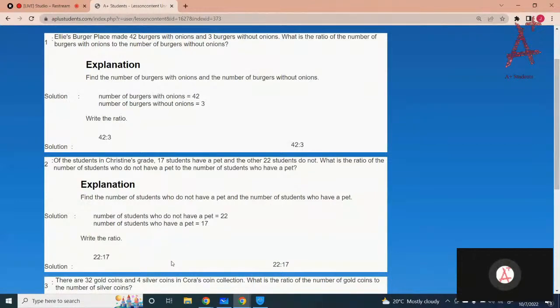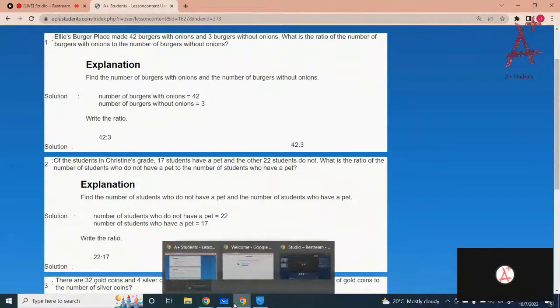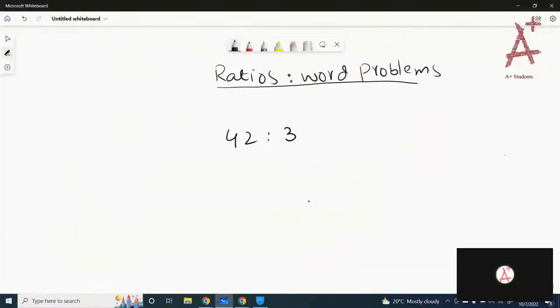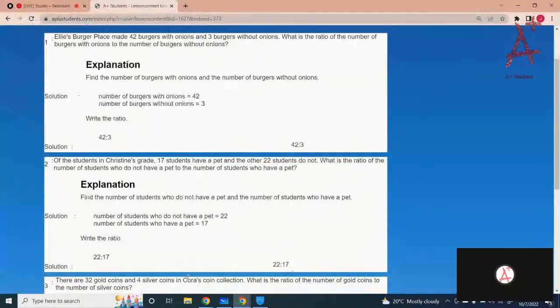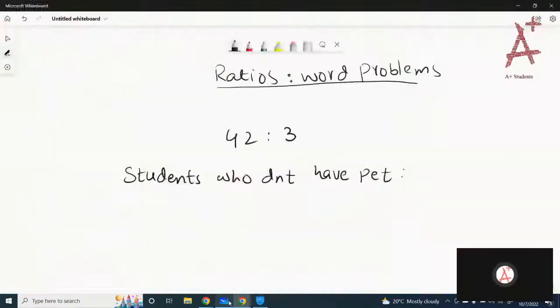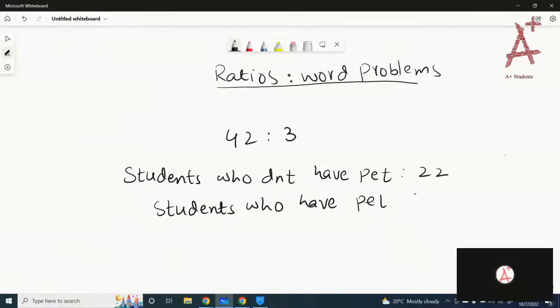The students who have a pet are 17 and the students who don't have a pet are 22.